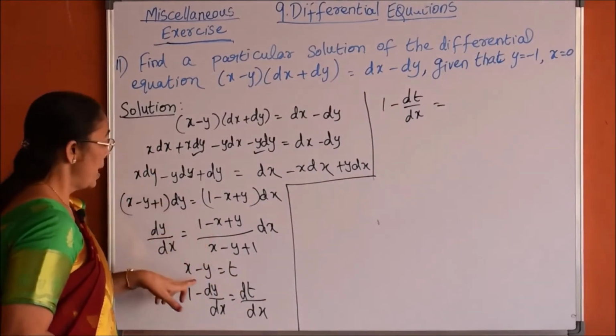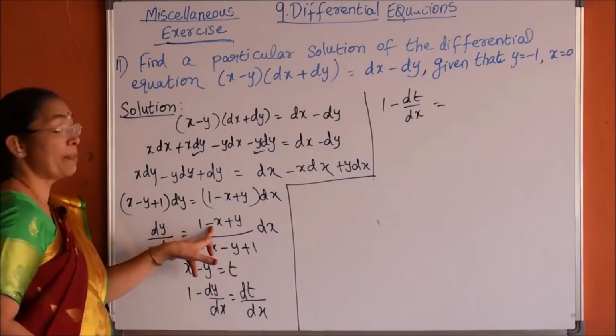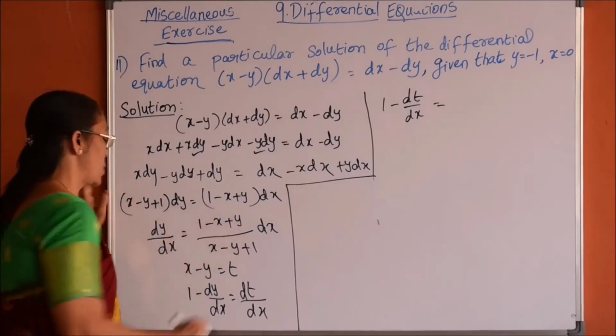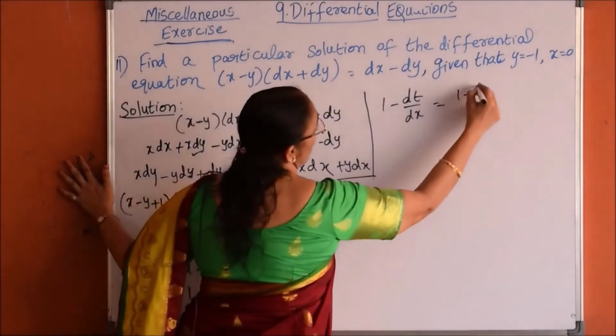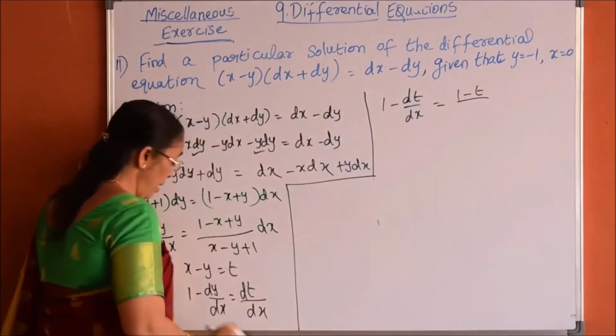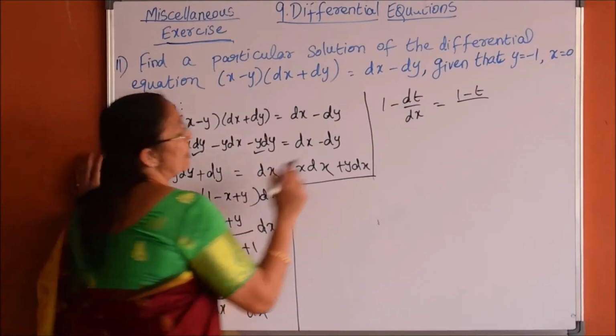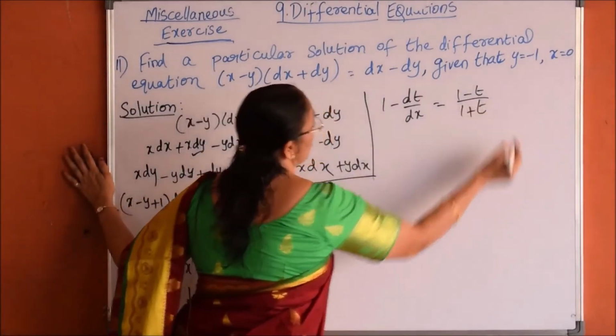Here x minus y is t, so let me take the negative sign outside. We will get 1 minus (x minus y), which is 1 minus t. The numerator is 1 minus t and the denominator, x minus y plus 1, is t plus 1, or 1 plus t.